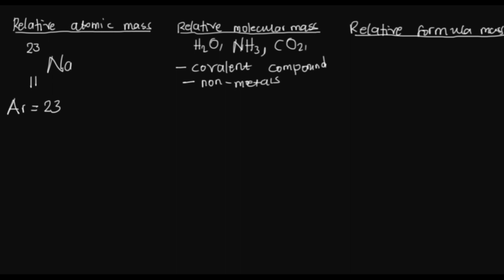Now for the relative formula mass, we are dealing with the sum of all the relative atomic masses of the ions. So here we are looking at ionic compounds, such as sodium chloride, aluminium phosphate, and sodium hydroxide. So for relative formula mass, the compound must be an ionic compound.